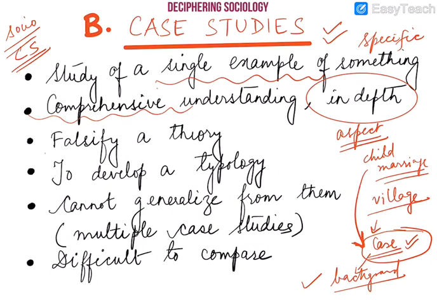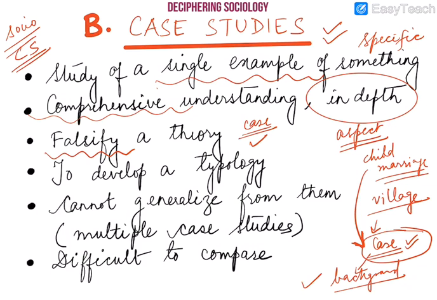Case studies are also used when I want to falsify a theory. Someone has given a theory and I want to bring to them a case where their theory does not hold true. So I will take one case and I will study all its aspects and I will say that no, your theory is not valid in this particular case.